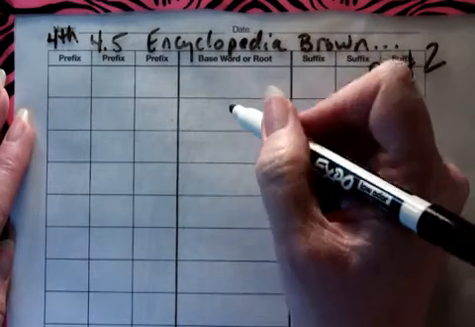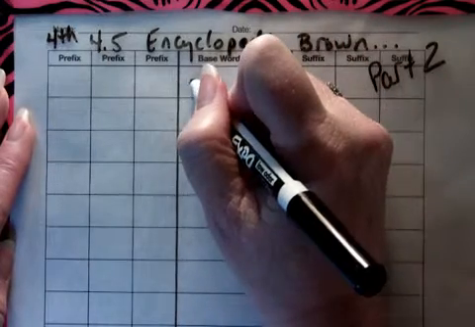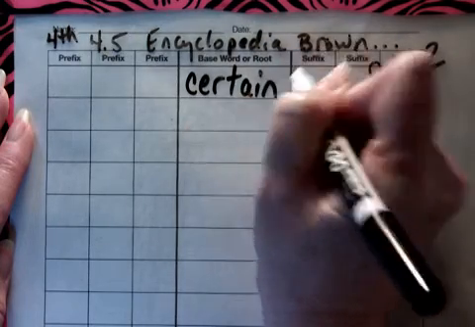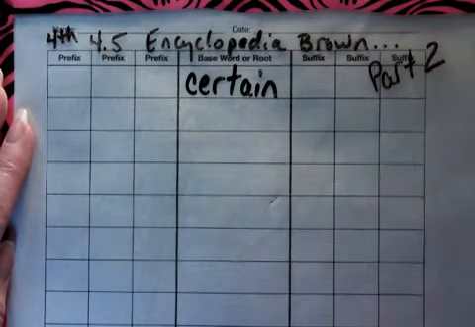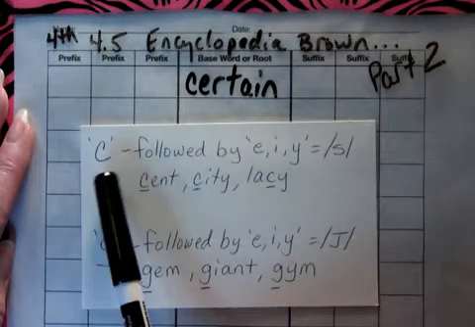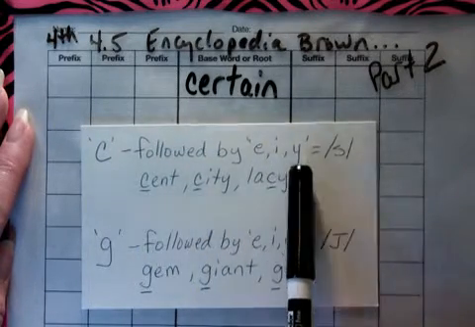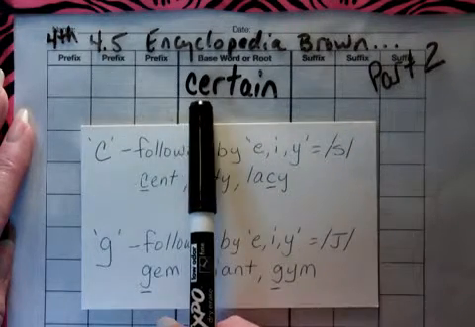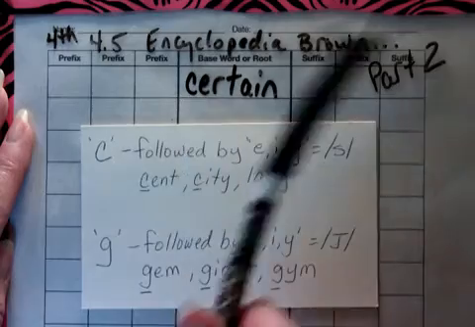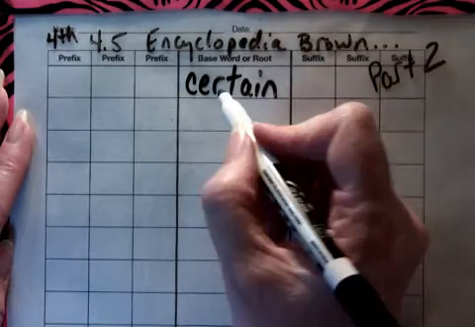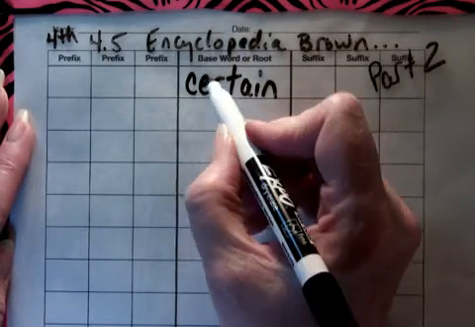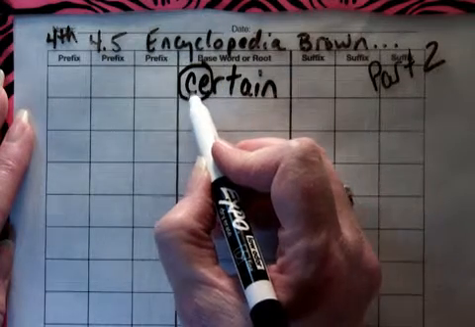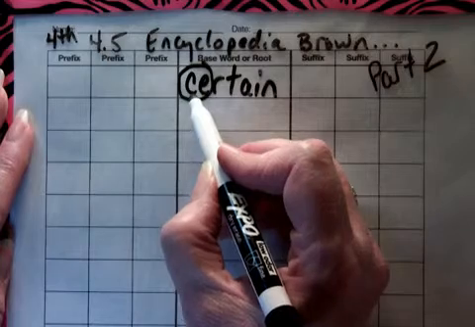So our first base word is going to be certain. I need this. C followed by an E-R-Y says S. That's why certain, we spell it with a C-E. Even though the E-R is an R-controlled vowel, that E is also doing a job of having the C say the S sound.